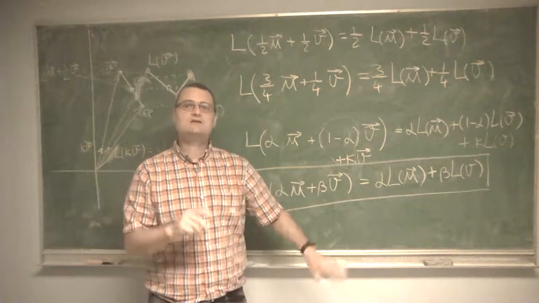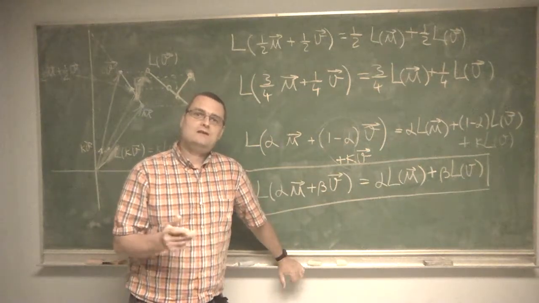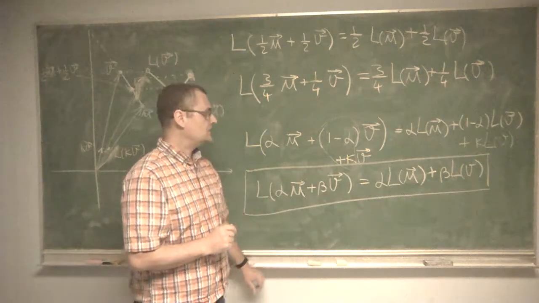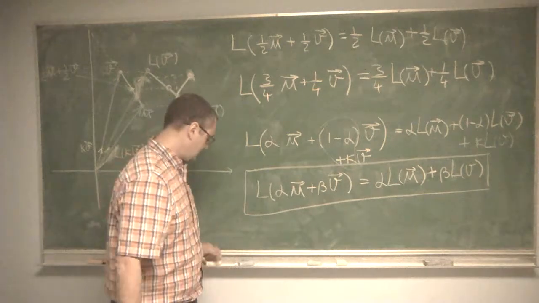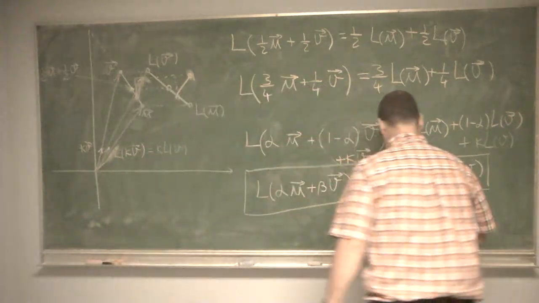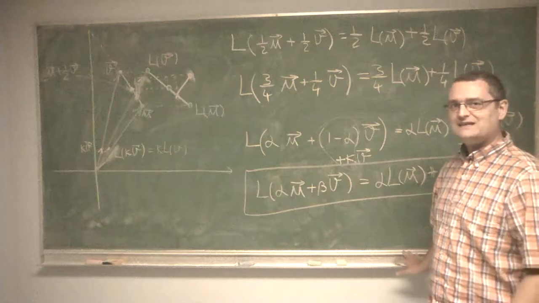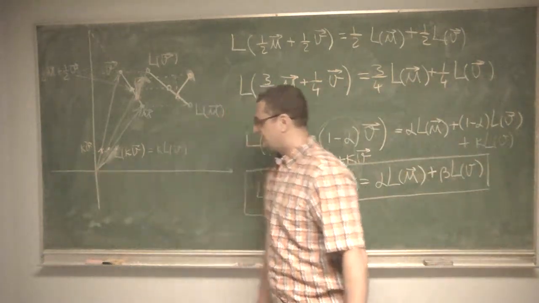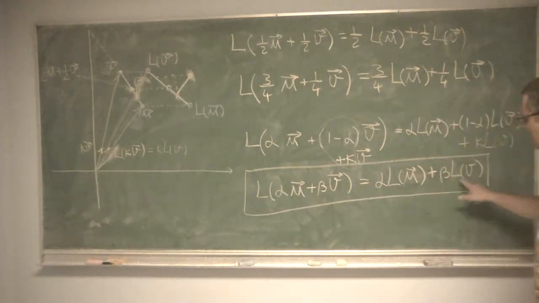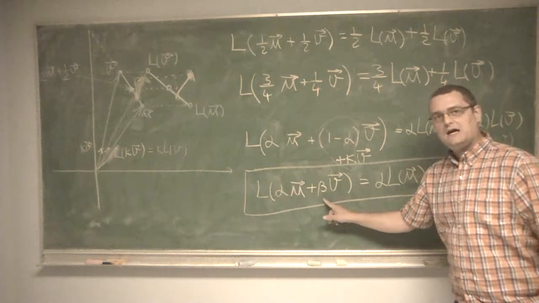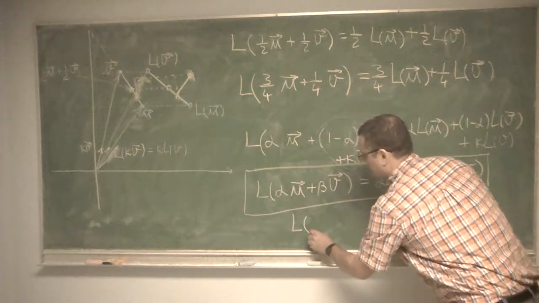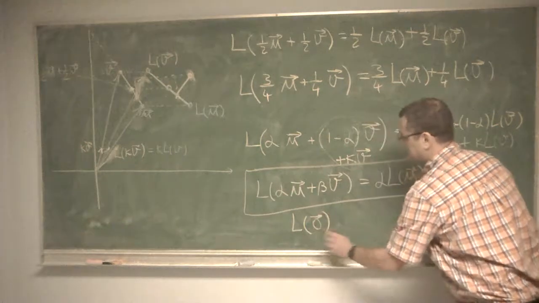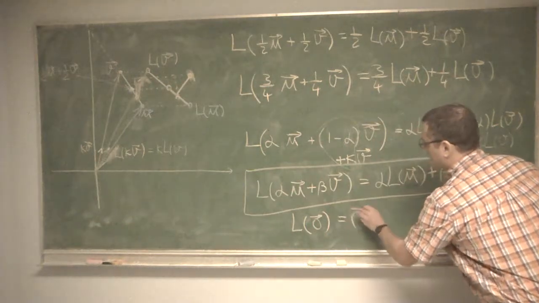Now there are some simple transformations of the space that you might think are linear, but actually are not. Usually the reason why is because they don't keep the origin fixed. This property immediately implies that L of the origin, that is the zero vector, gets mapped to the origin.